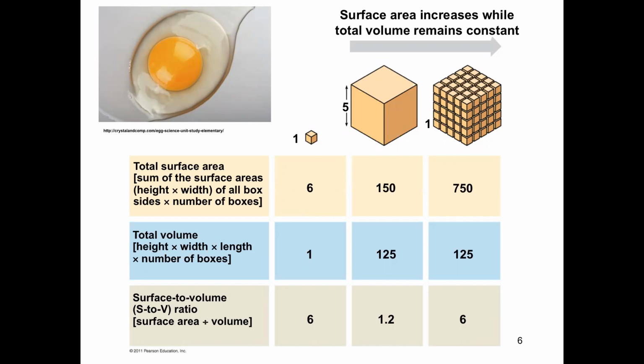Now, why? The thing to think about here is that most things like nutrition going into a cell, gases like oxygen going into a cell, and wastes leaving a cell are all done with a passive process called diffusion, which we'll talk about in a sec, all right? It has to be really efficient for the cell to survive.